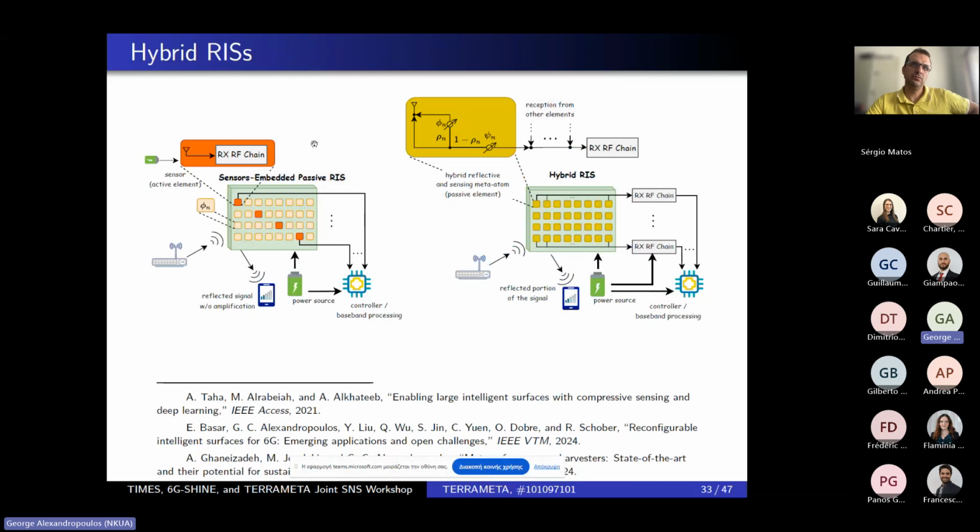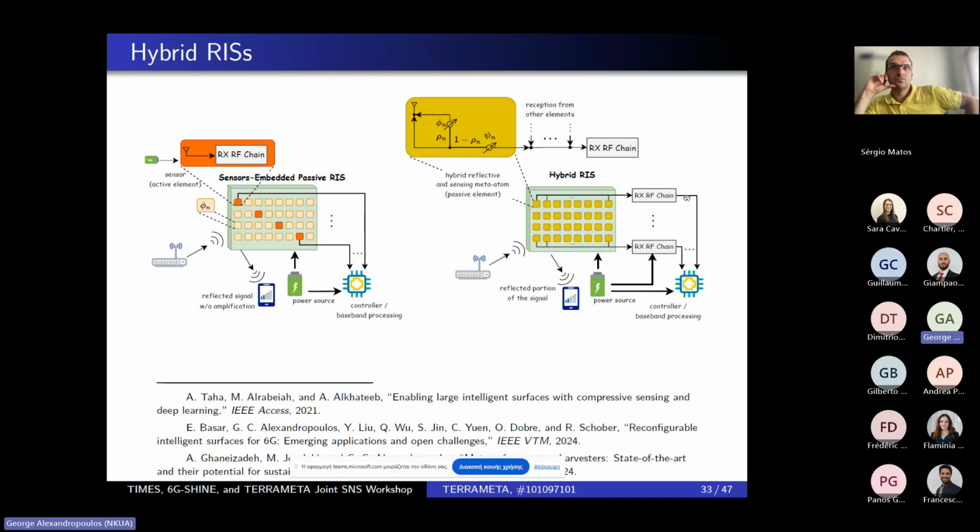One is to embed on a conventional passive RIS sensors, or dedicated antennas that are doing reception, or using hybrid meta-atoms, unit cells that can simultaneously reflect a portion of the impinging signal in a tunable way, while the other portion is driven through waveguides to units that can provide measurement of this portion of the impinging signal.